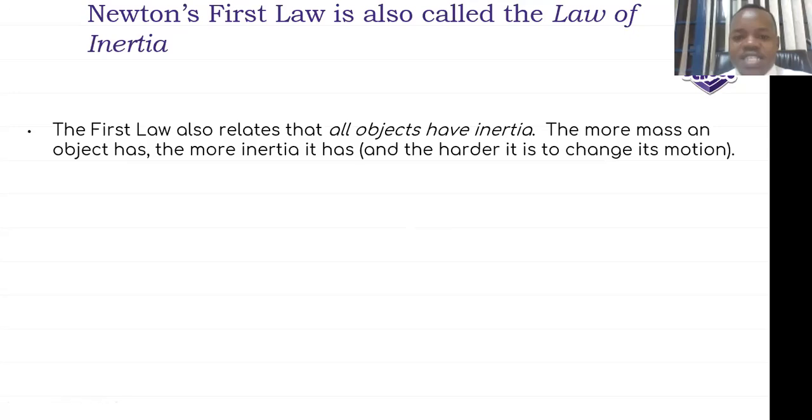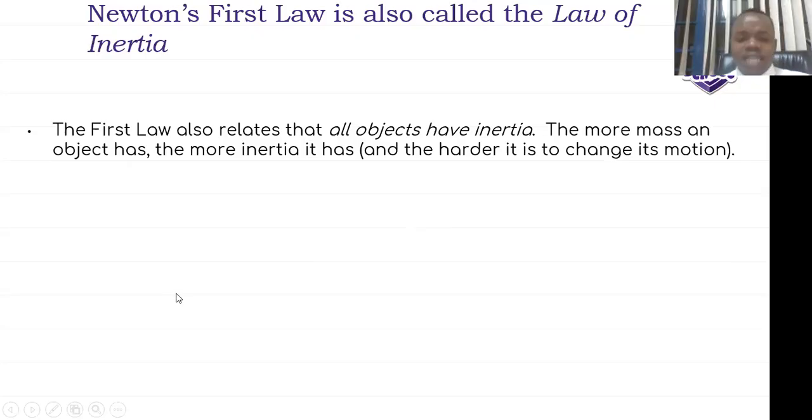In other words, if an object is stationary, it wants to remain stationary. If an object was moving, the object wants to keep on moving. If the object was moving forward, it wants to continue to move forward. If the object was moving backwards, it wants to continue to move backwards.